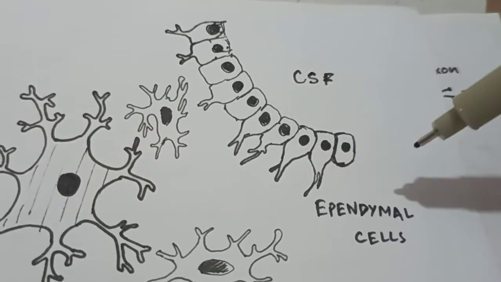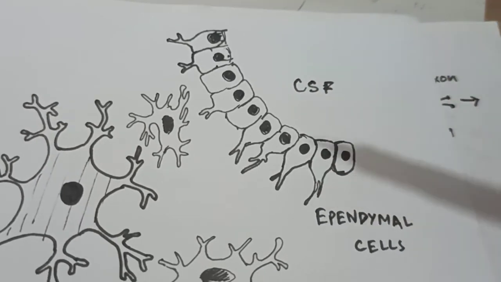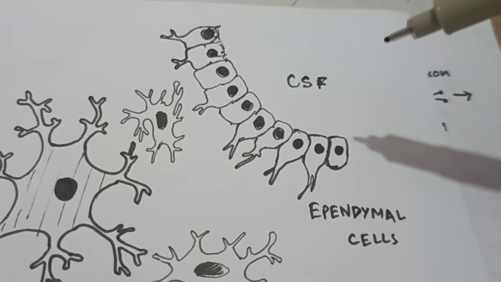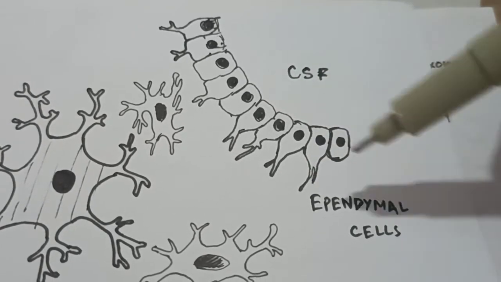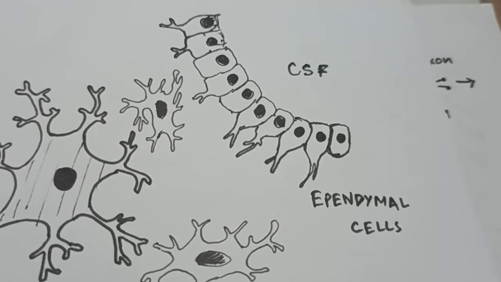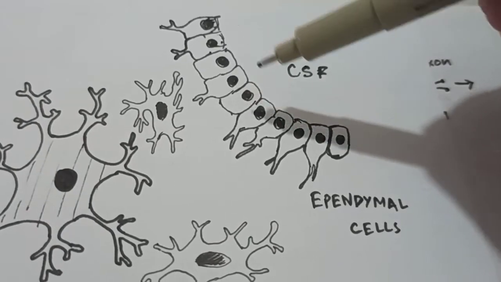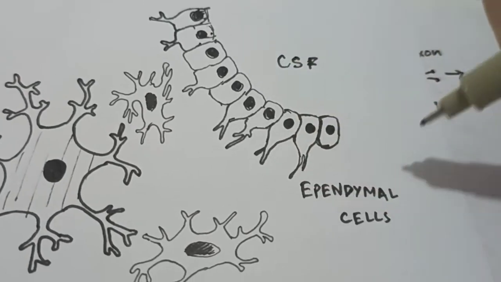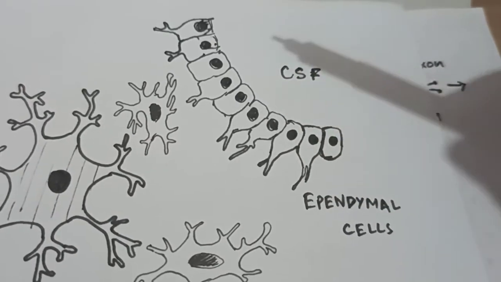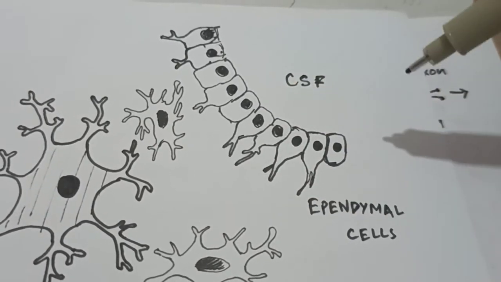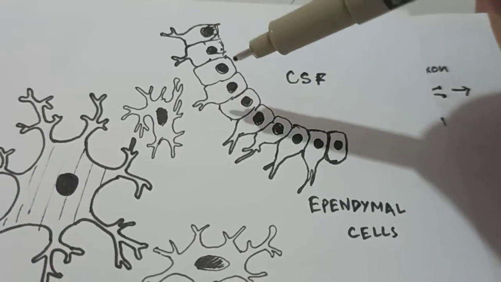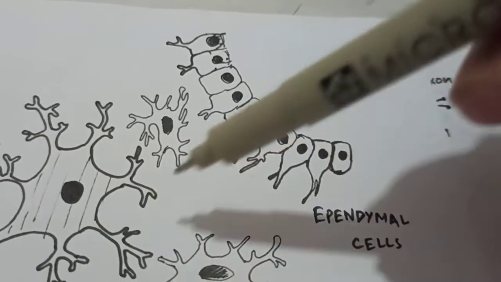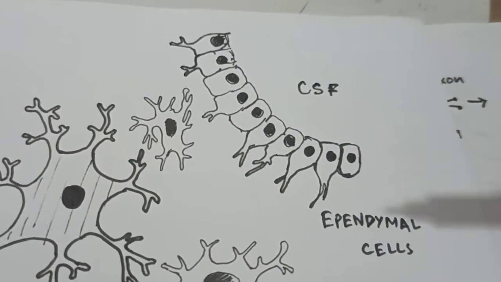So the entire spinal cord has this small chamber running through it, which is the central cavity through which the cerebrospinal fluid is present. In the case of the brain, it is the ventricles, the chambers through which the cerebrospinal fluid goes. This ependymal cell forms a barrier between the nervous tissue and the surrounding, meaning the meninges.